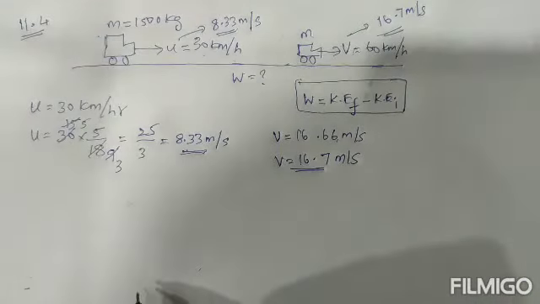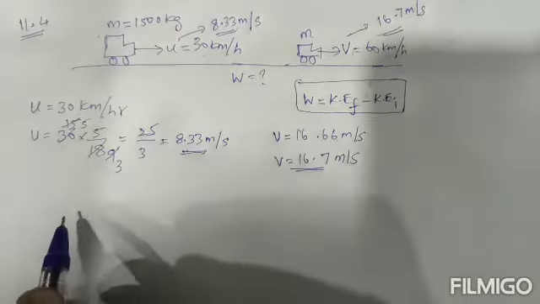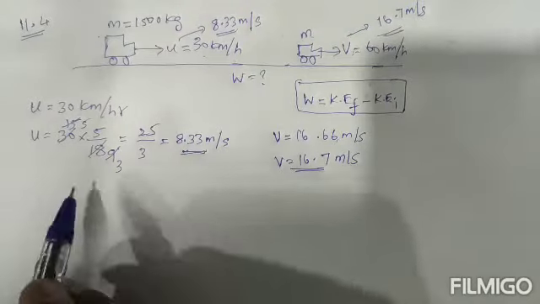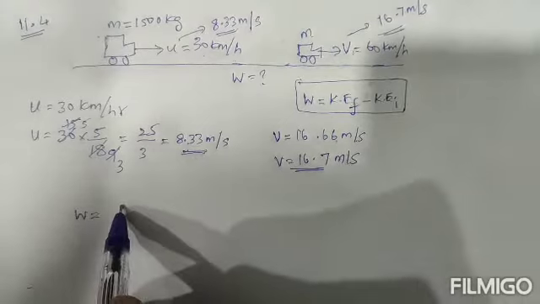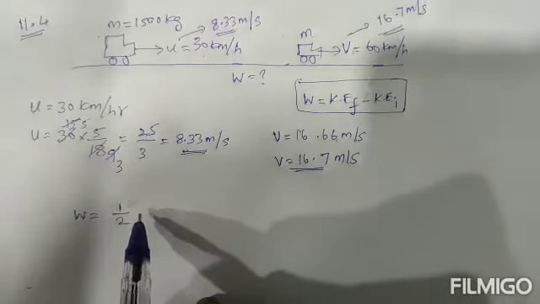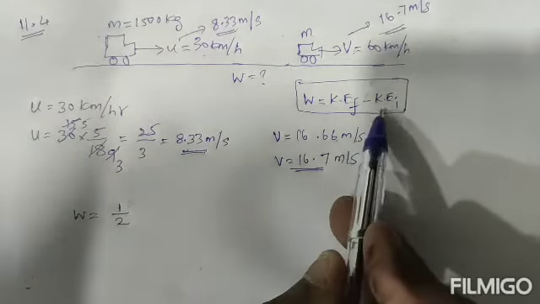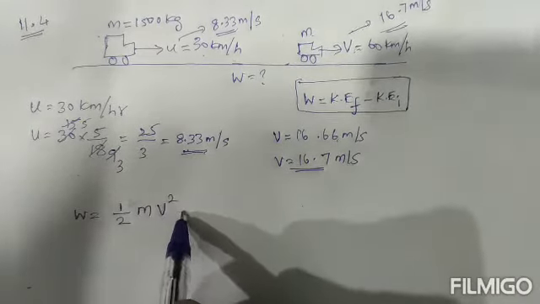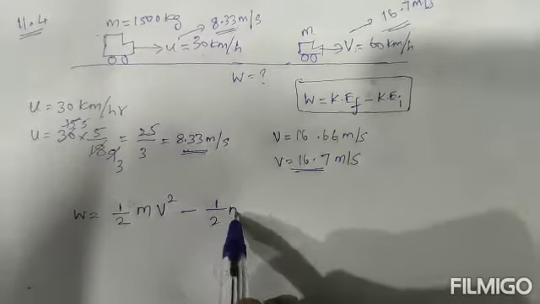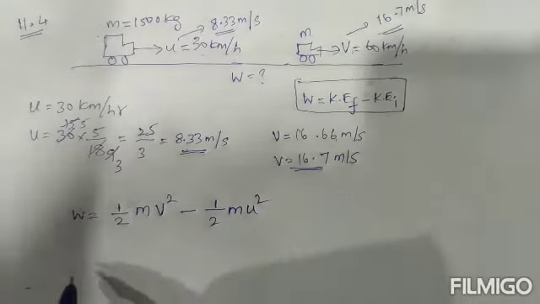Okay, right. So now let's calculate the work done. Work done is nothing but final kinetic energy minus initial kinetic energy. Final kinetic energy is half m v squared, initial kinetic energy is half m u squared.